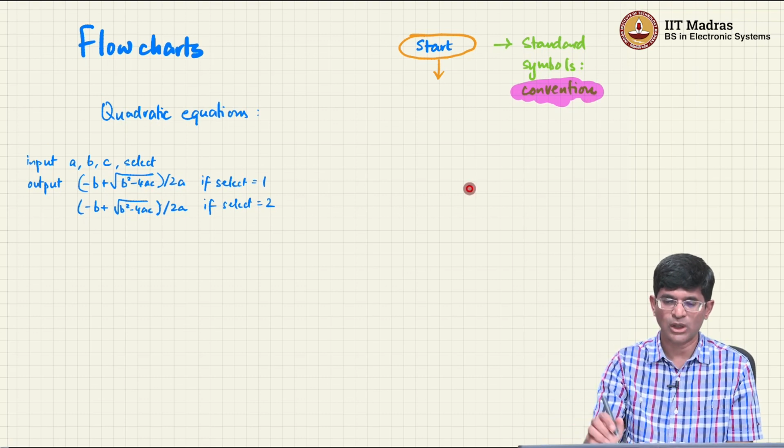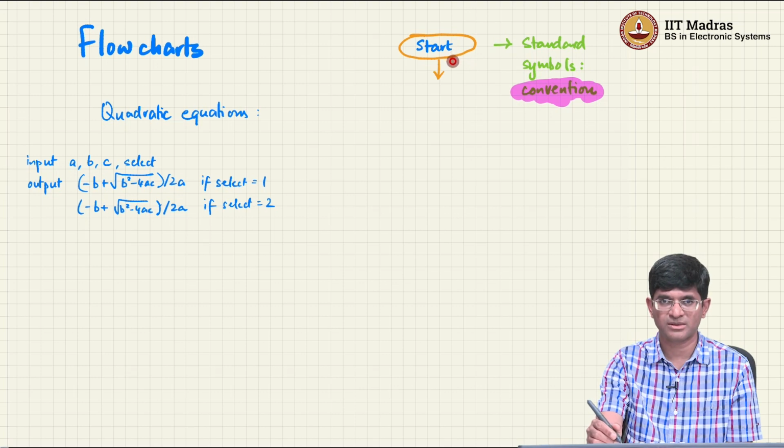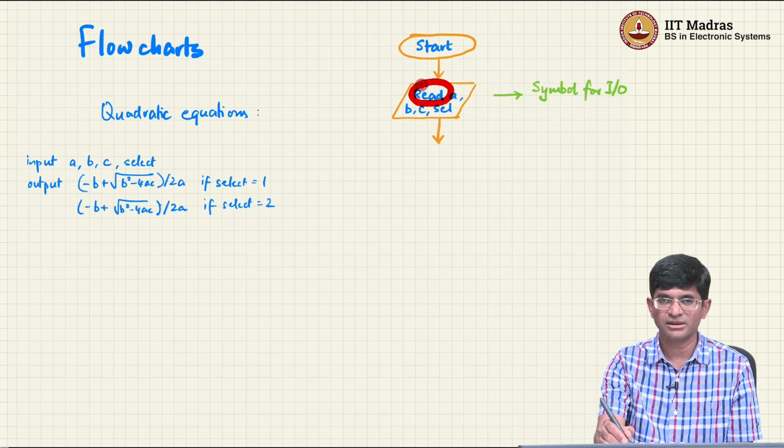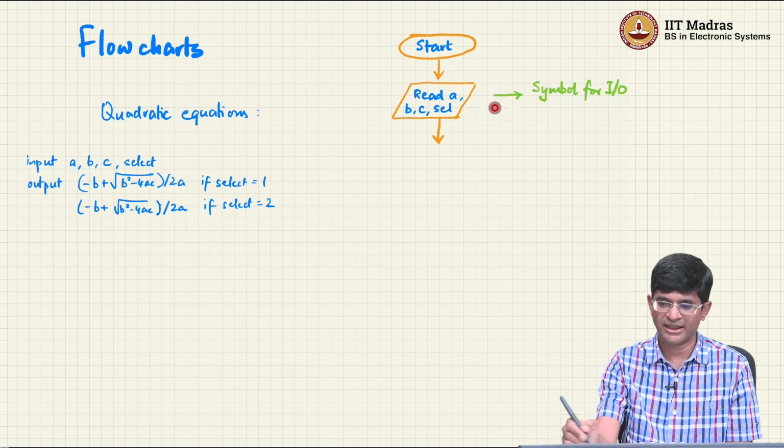Alright, with that out of the way, I start my flowchart by having an ellipse with the word start in it. Okay. What do I do next? I need to get my inputs, and I assume that I have some ability to read data. Typically this parallelogram is the symbol used to indicate IO, input or output.